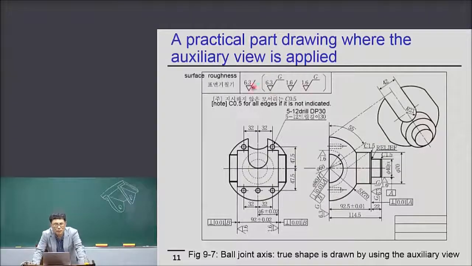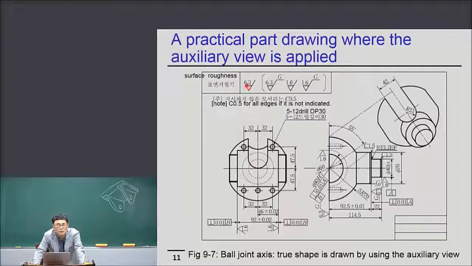Of course, the title space is not shown in detail, but in the title space you have to add the general tolerance and also the symbol indicating third angle projection. All right.